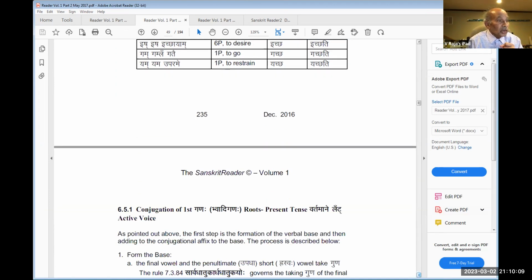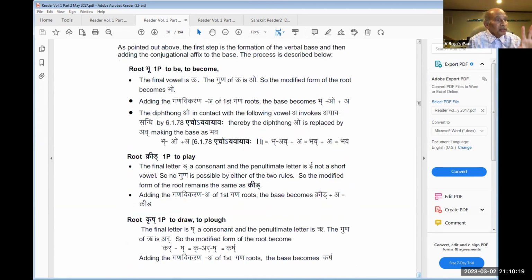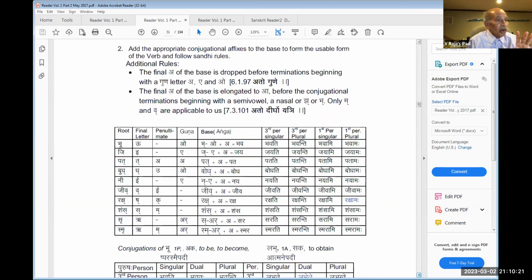Please go through this, section 6.51, how to derive the first gana roots, verbs. We are going to do it in the class step by step. I give samples here, and you derive the various roots in the first gana: third person singular and plural, and first person plural, just as an example.